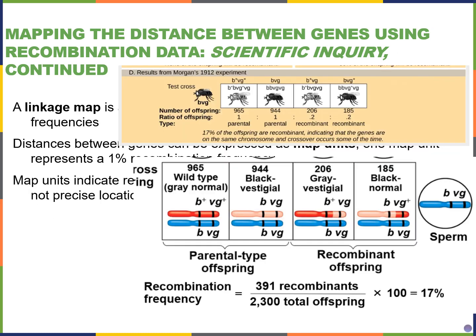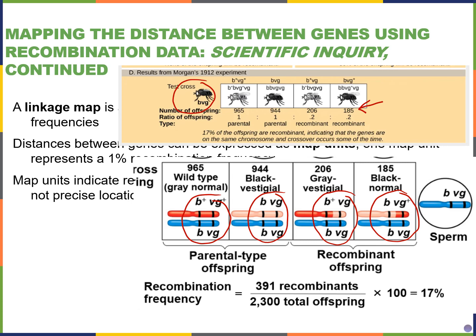So again, here's another look at the picture I showed you earlier. So here we had the parental types of gametes during this cross with a tester. And then here I see some crossing over to generate my recombinants. I received a recombination frequency of 17.